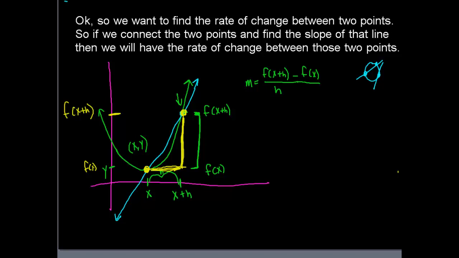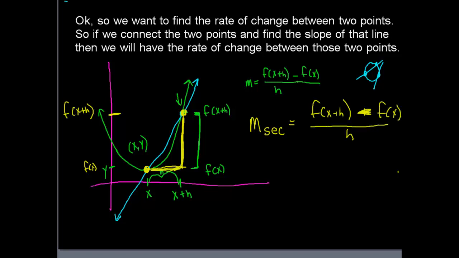My horizontal distance, the denominator, is h, the run of this line. And to find the vertical distance, I take f of x plus h minus f of x, the difference between the two y's. So this is the slope of the secant line. Again, it's f of x plus h minus f of x all divided by h.